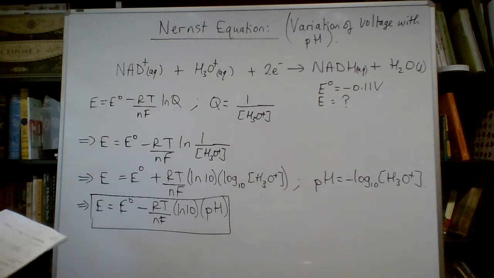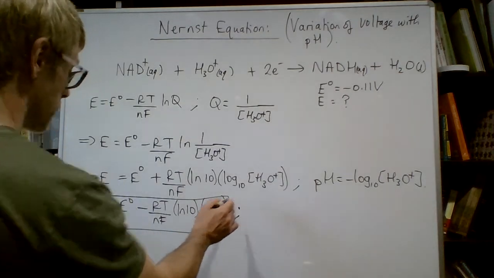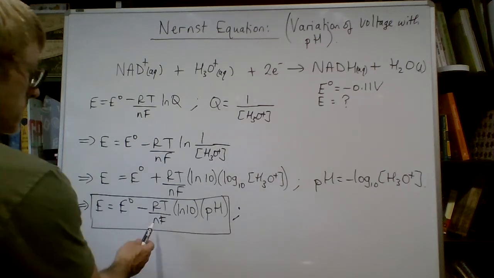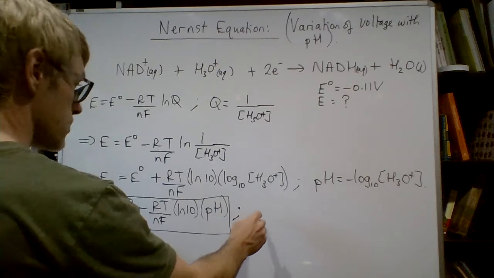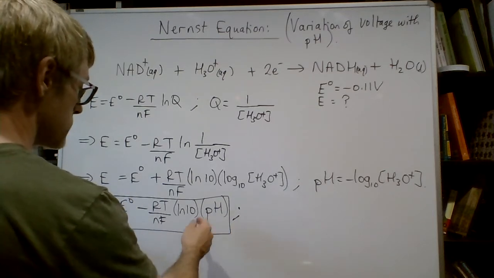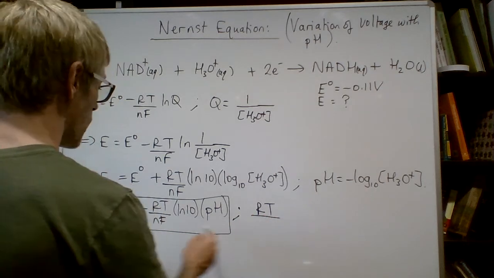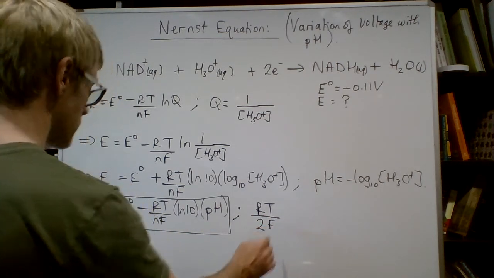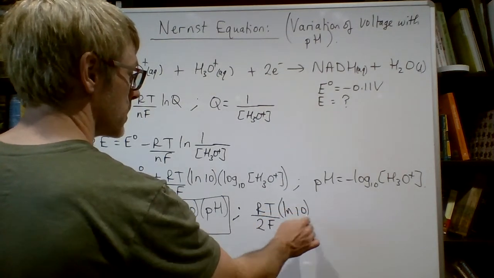So I'm now going to clear the board, plug some values in, and see what we have. Well, actually, we can probably continue a little bit in this space here. Notice that my N, similar to the last example, is 2. So I can calculate the constant parts except the pH. So I know that RT over NF, where N is 2, F is Faraday's constant, log 10, which is just a number.